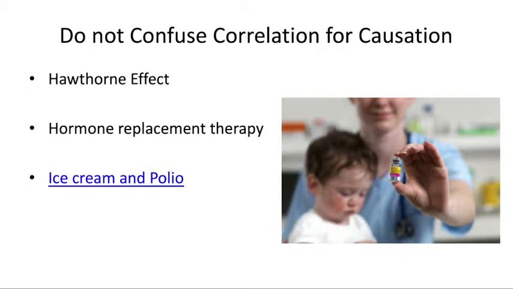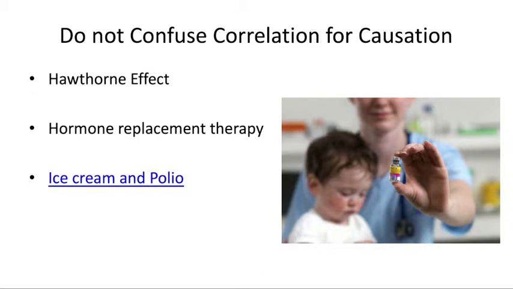But the study found that there was a correlation between taking hormone replacement therapy and reduced incidence of heart disease. It was actually almost protecting people from heart disease. At least that's what the media started saying at the time, was that hormone replacement therapy can prevent heart disease.